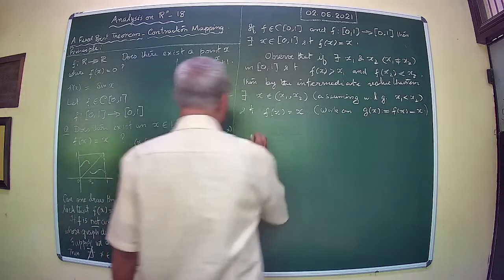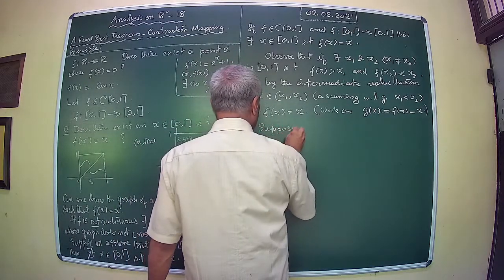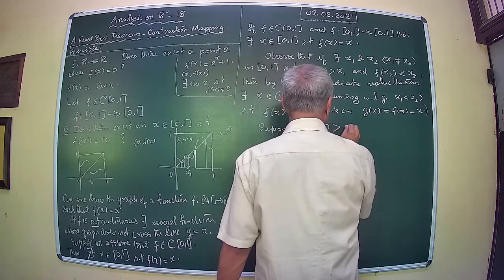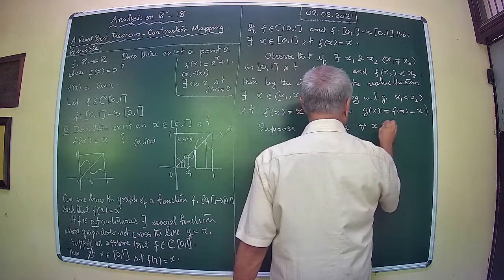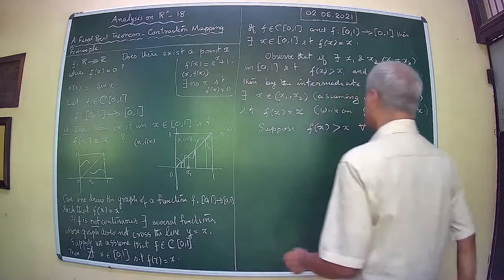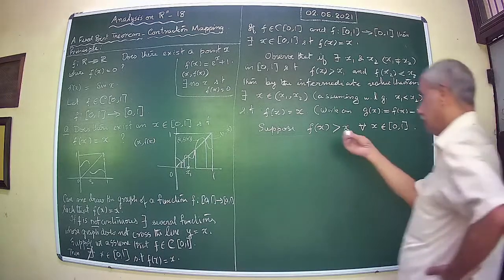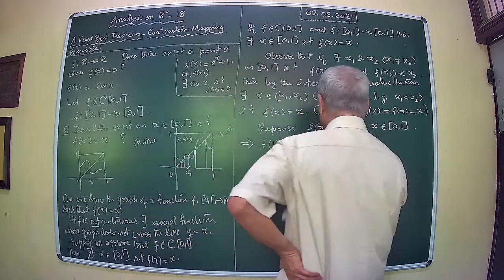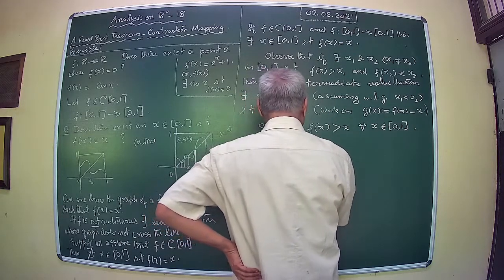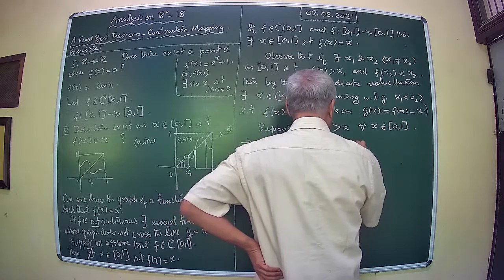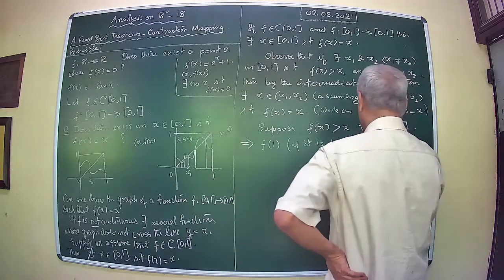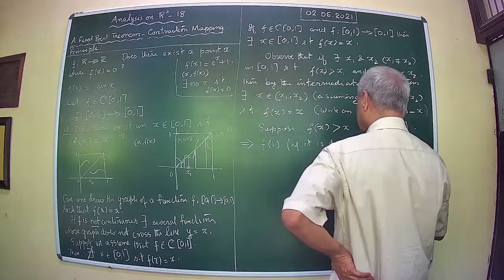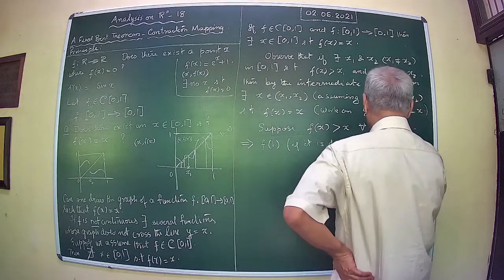Suppose the claim fails, then what happens? f(1), if at all it is defined, is greater than 1.